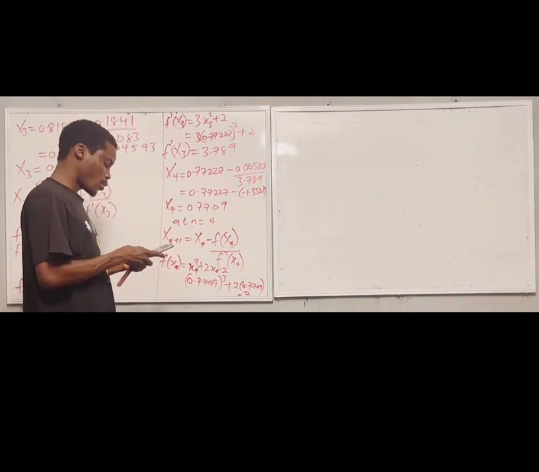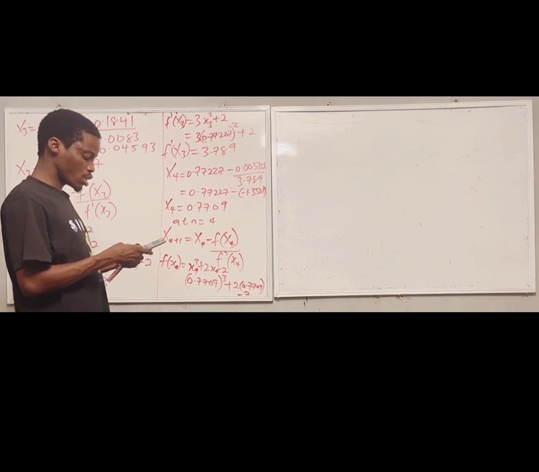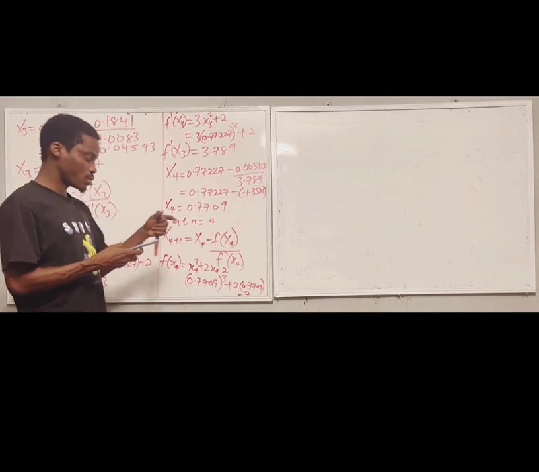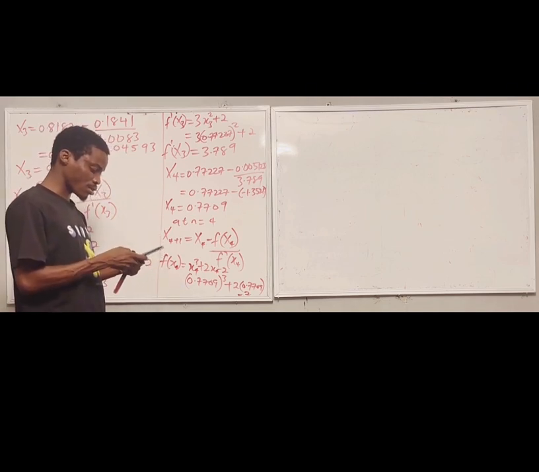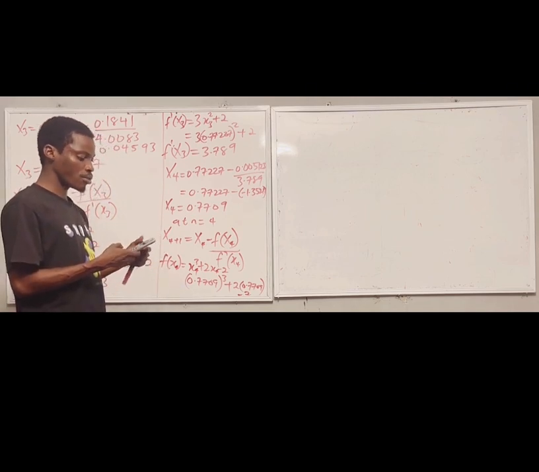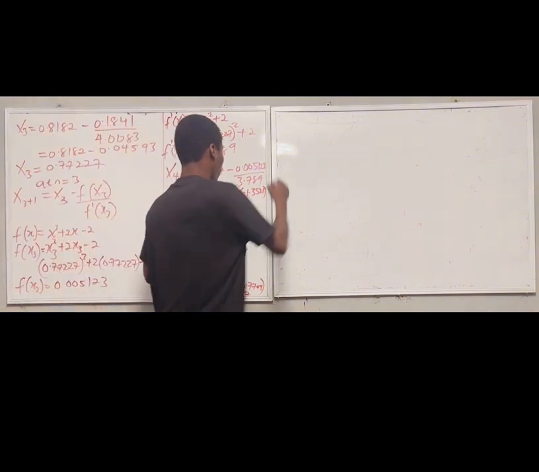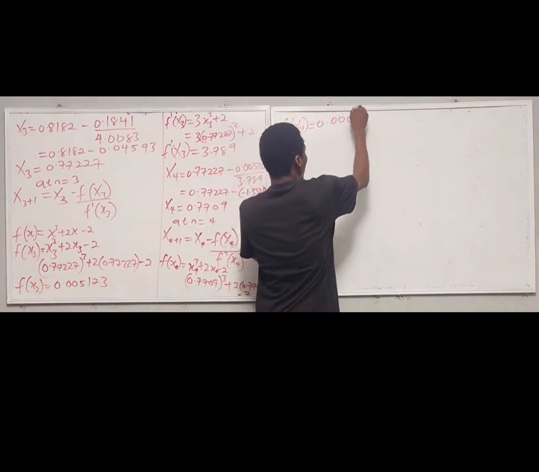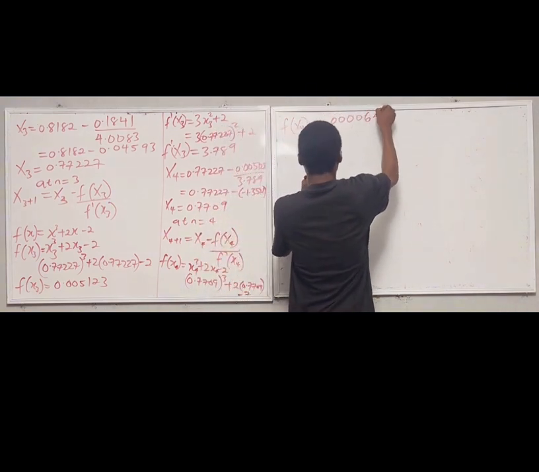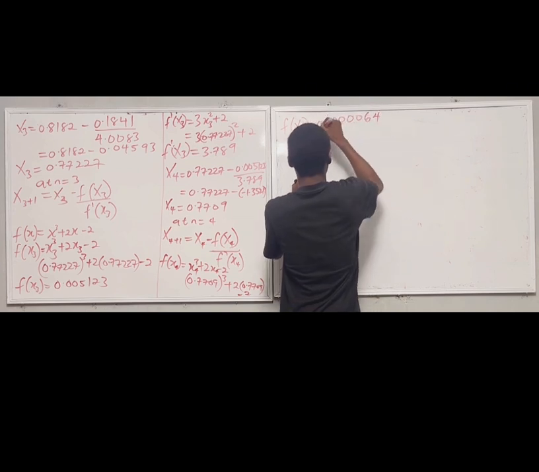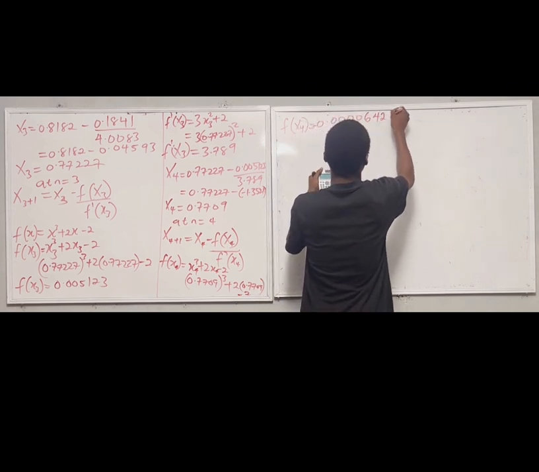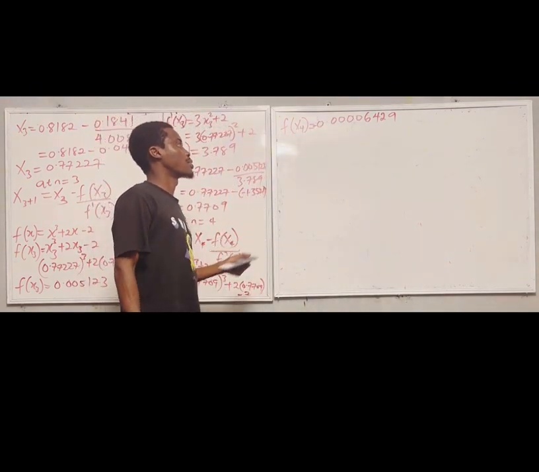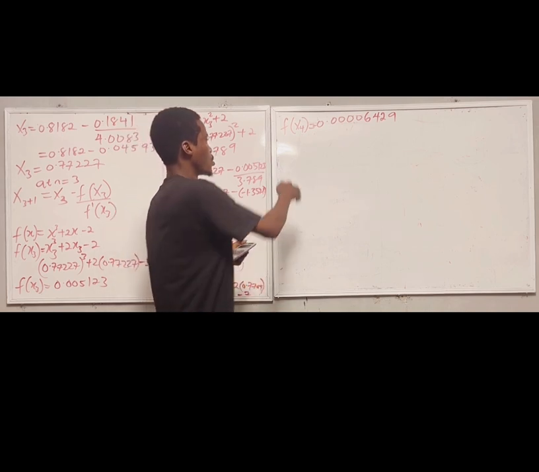I can just do it forwardly: 0.7709 cubed plus 2 times 0.7709 minus 2. So my f of x4 is now 0.00006429, minus 0.6429. So that is my answer, minus.